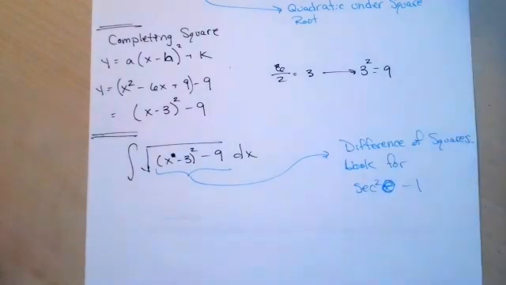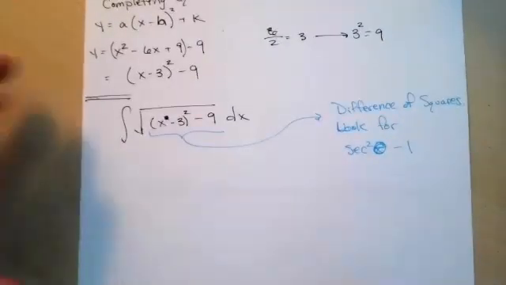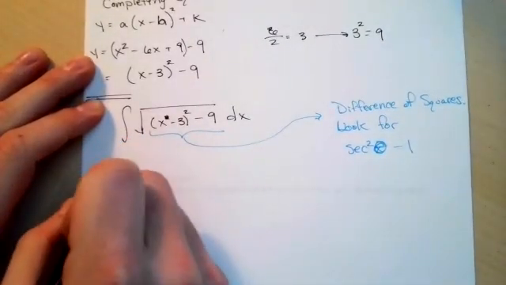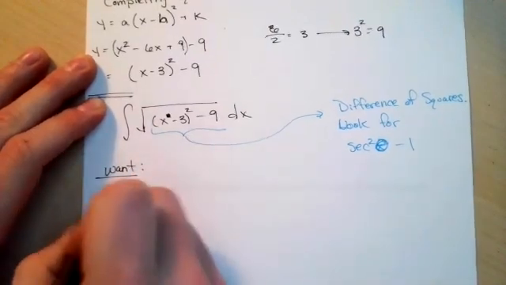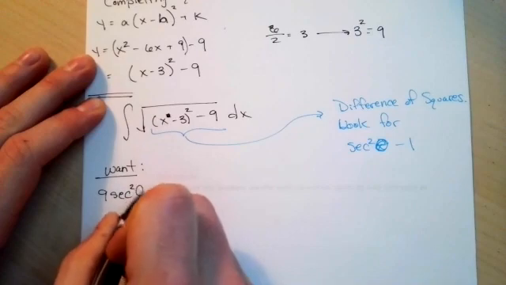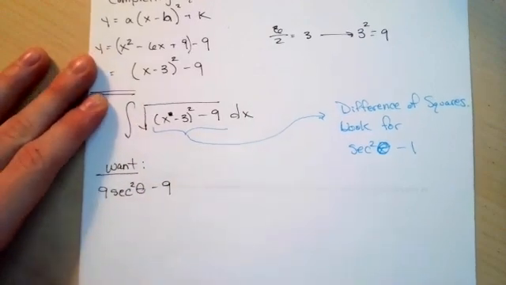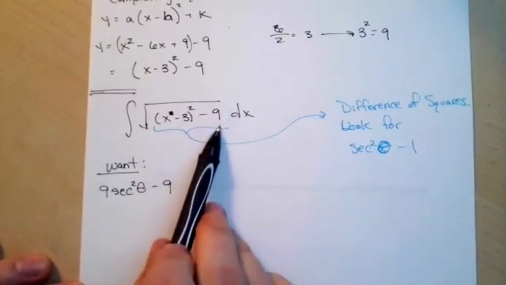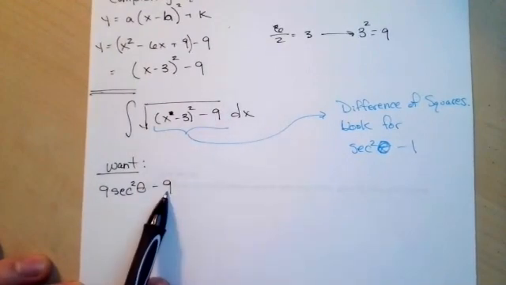And again, how do we set that up? Well, what do we want, right? We want 9 secant squared minus 9. So we take that secant squared minus 1, and we want to multiply it by this constant term so that the constants match.